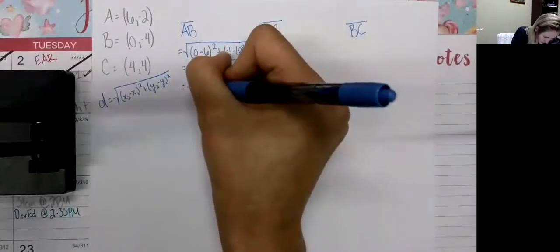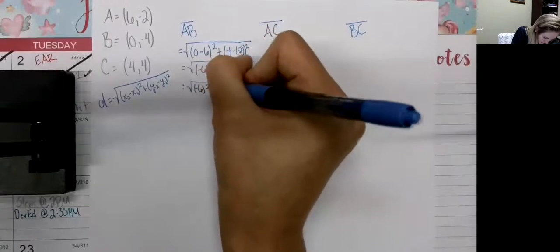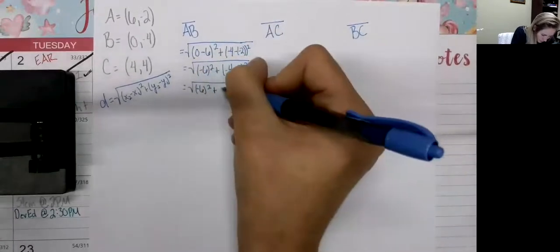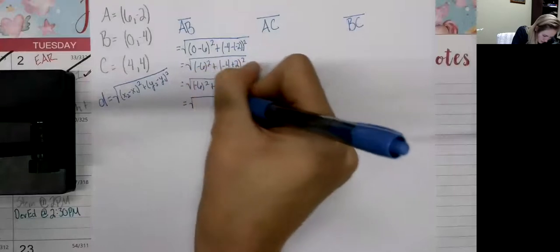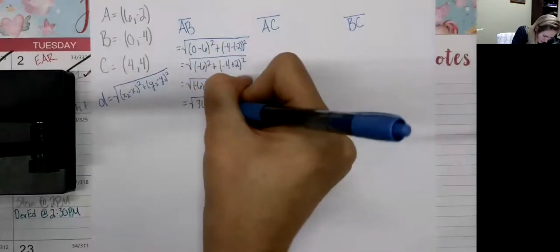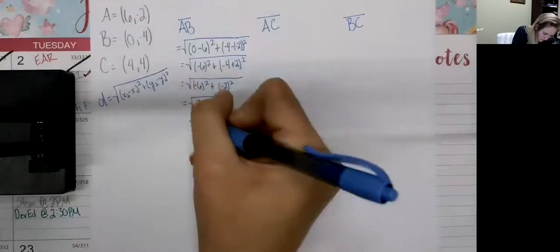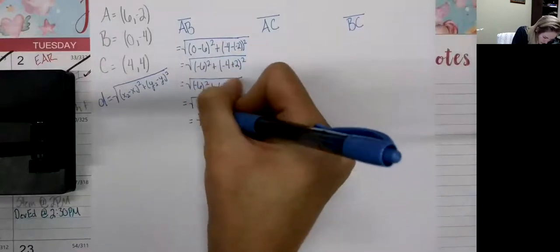I'll go ahead and leave this as negative 6 squared plus negative 4 plus 2 would give us a negative 2 squared. And then we'll go ahead and square those. So we're going to have 36 plus 4, which would be the square root of 40.